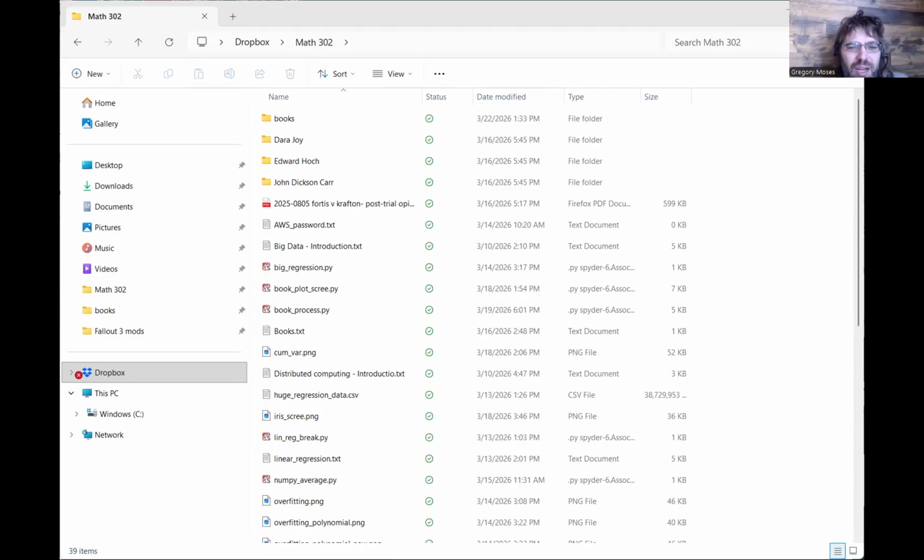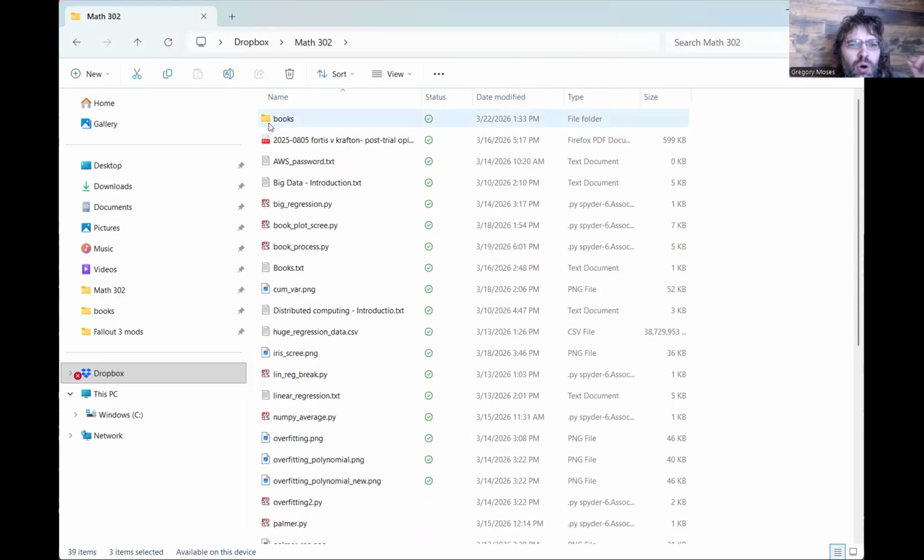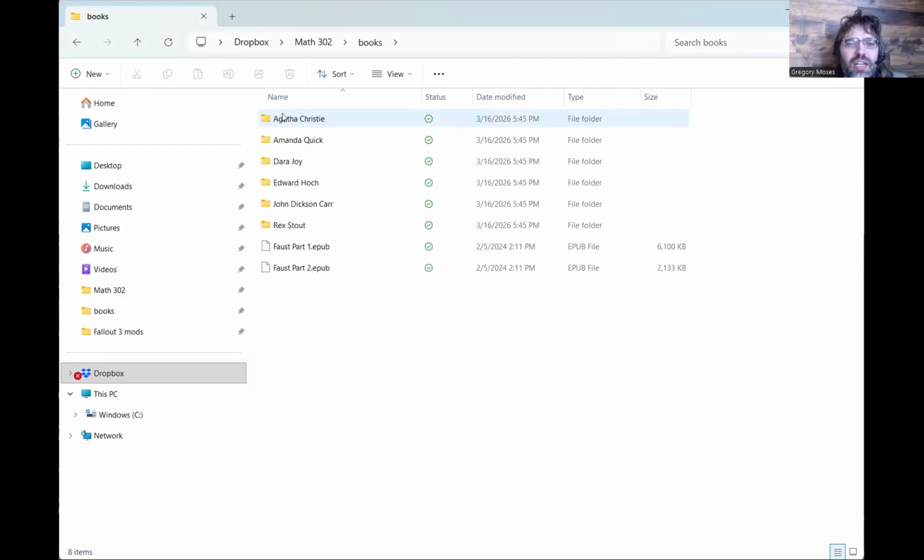Let me find my folder. Okay, I don't know if this is visible currently, but I'm going to take all my books and I'm going to throw them all into this folder together. And now I'm going to rerun the PCA.